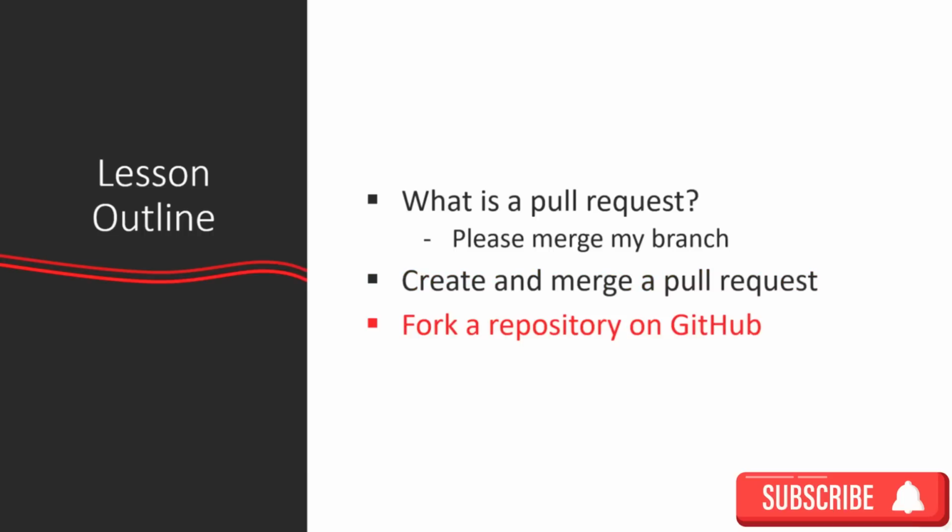I will also show you how to fork a repository on GitHub. You will learn that a fork is a repository copy that lets you create a pull request in someone else's repository. Now let's start and let me show you what a pull request actually is.